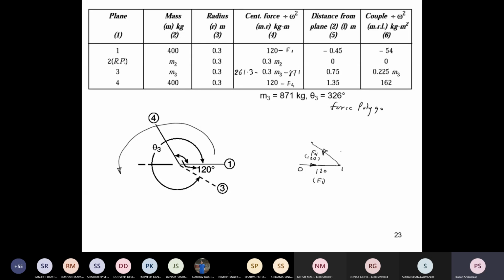Next construct F3, that is 261. So this will be your F3, 261.3, and then close the polygon.